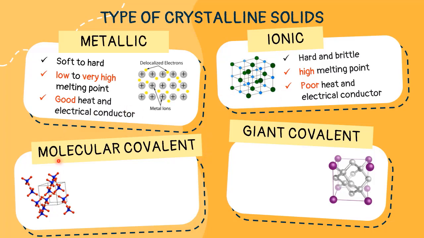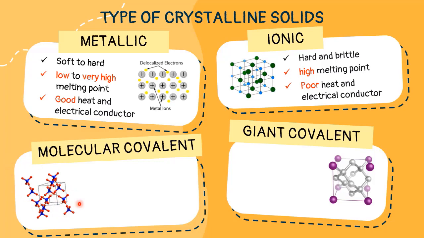The third one is molecular covalent. A molecular covalent crystal consists of molecules instead of atoms or ions, held together by weak intermolecular forces, which can be either dipole-dipole or London forces. But some molecular crystals such as ice have molecules held together by hydrogen bonds.